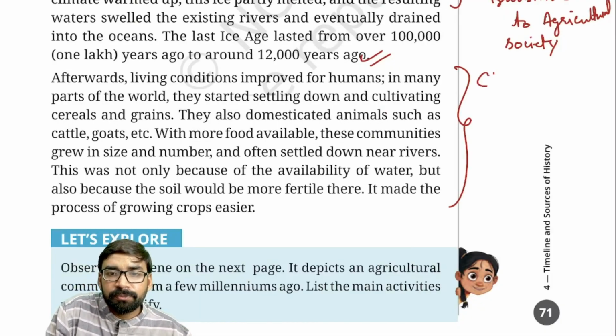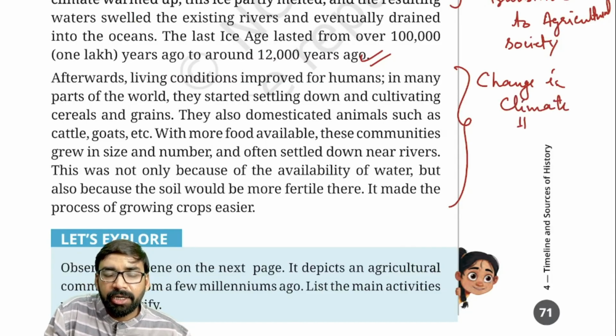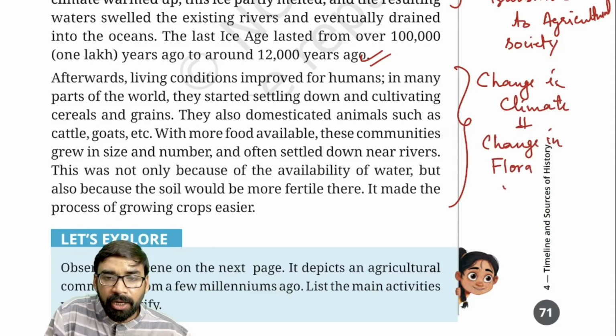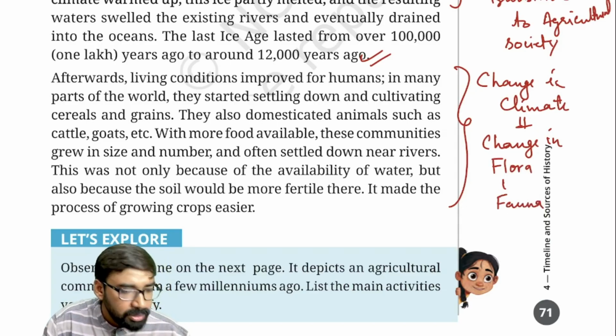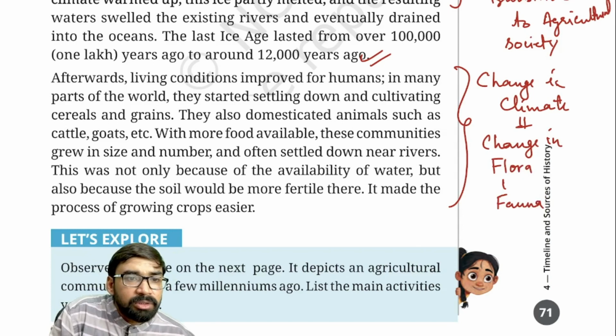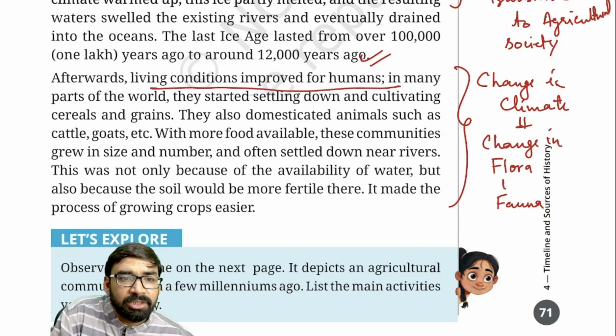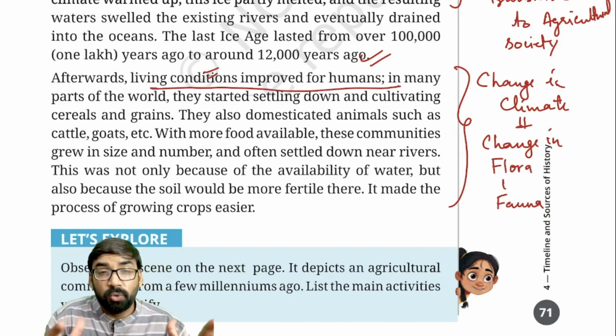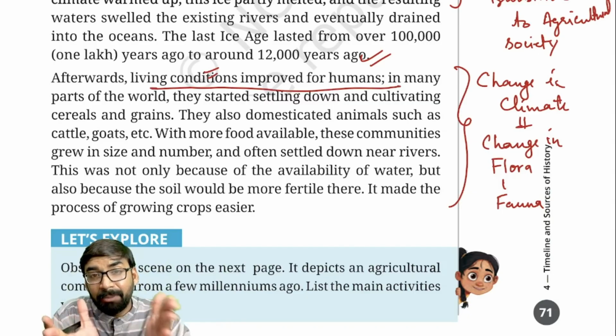So change in climate resulted in the change in flora and fauna. So now the living conditions, because of the change in climate, from ice age, extreme cold, now there were warm climatic conditions.